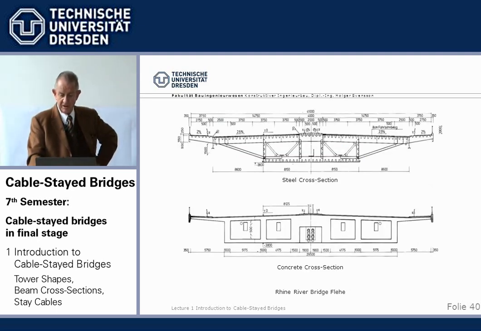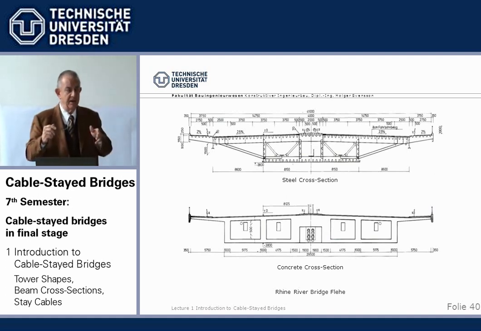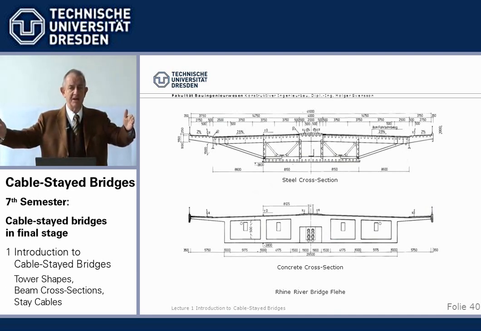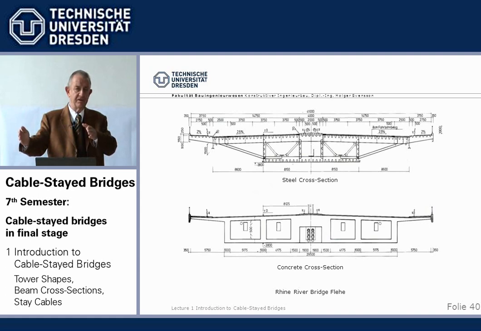Finally, we have bridge systems which I like to call hybrid. Hybrid, meaning generally we have a steel main span, lightweight, and we have a concrete side span to which the side span stay cables are anchored, and this side span acts as a counterweight to anchor the steel plus live load main span.